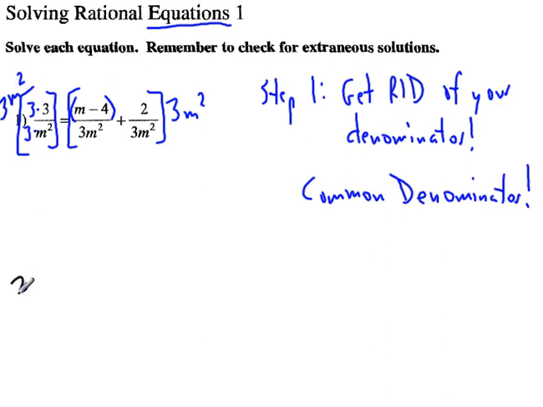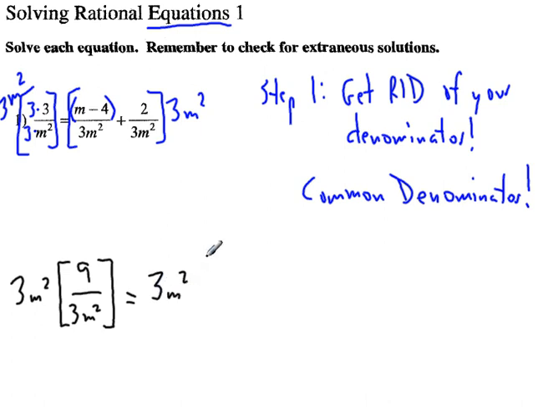What I have is a 3m to the second times 9 over 3m to the second. Now these braces here that I'm putting in, don't worry about those for right now. I'll show you that in a second. I'm going to move this 3m to the second over here to the other side of the grouping symbols.